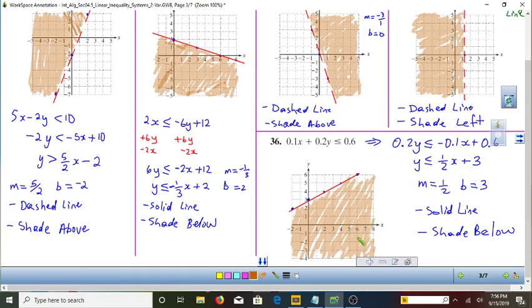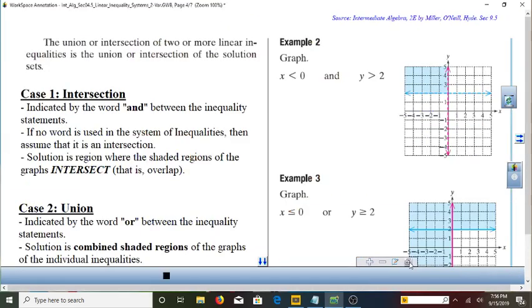That's how we solve a linear inequality in two variables by graphing the solution set on the coordinate plane. Let us now go on to solving systems of linear equations in two variables.